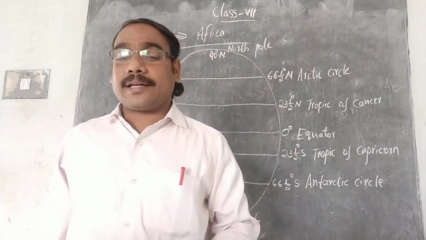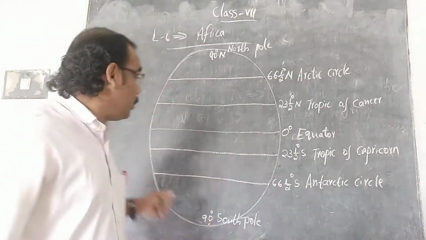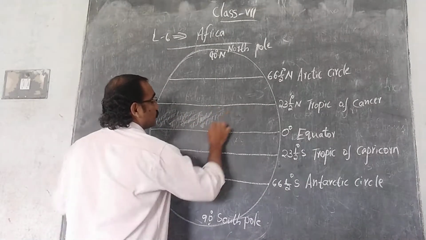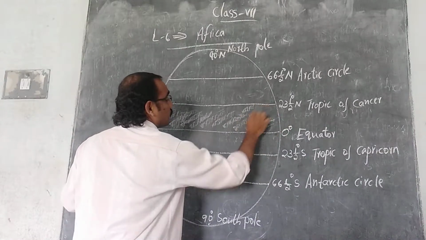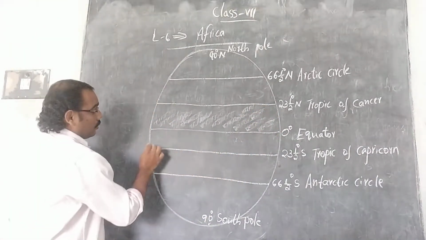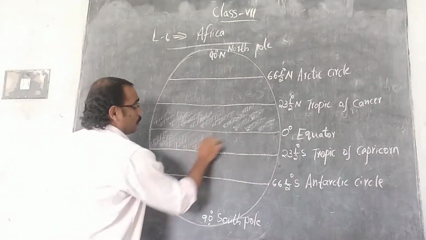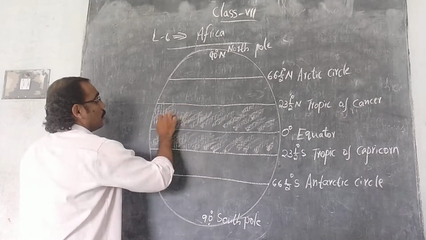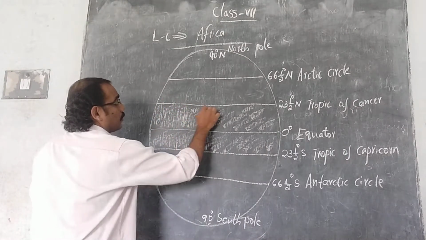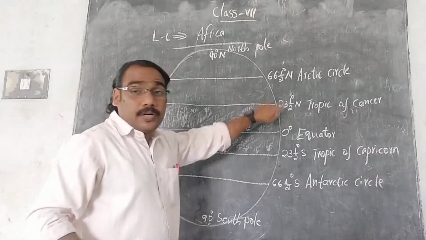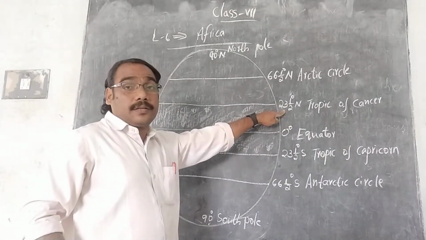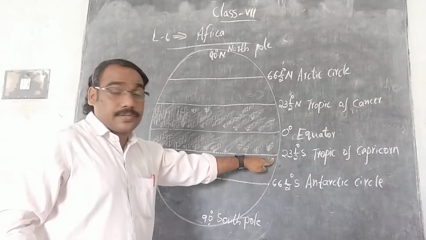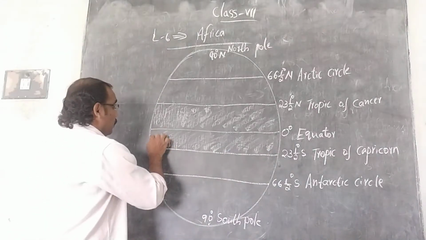Now, in the last class I had told you about the tropic region. Yes or no? Look. The shade which I am shading is the Tropic region. So both sides of the equator, north side up to Tropic of Cancer, south side up to Tropic of Capricorn.